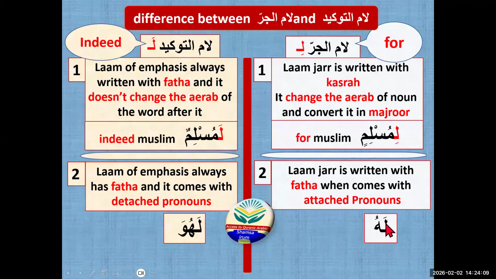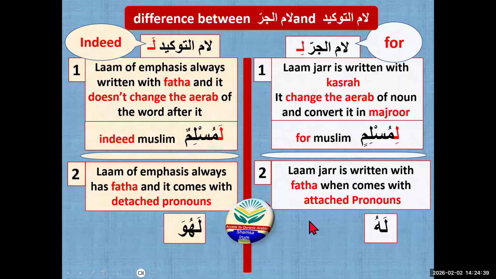If the lam connects with a dependent pronoun, meaning an attached pronoun, then it will be the laam jar, the lam of genitive. But when the lam connects with an independent pronoun, or detached pronoun, or separate pronoun, then it will be the laam tauqeed, laam of emphasis. This is the difference.